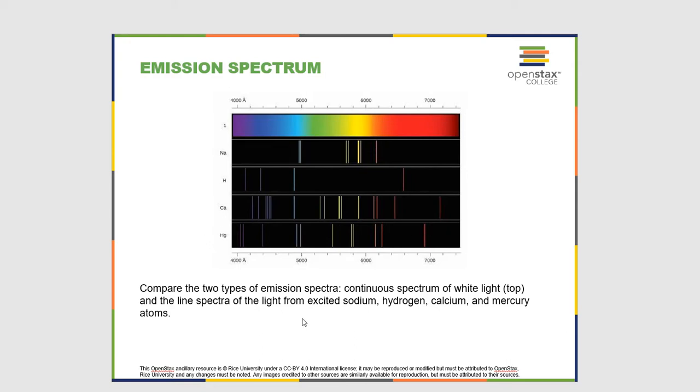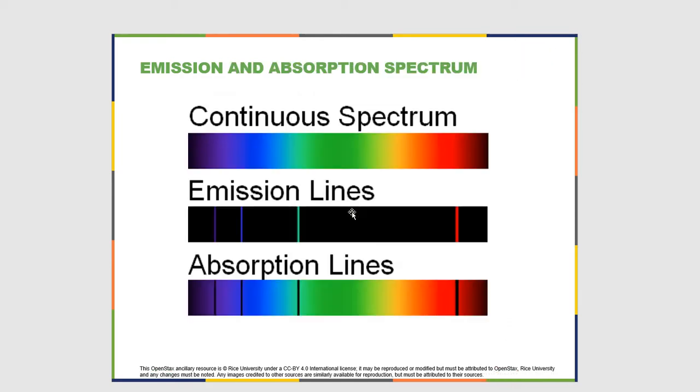Not all the elements are shown here, but they all have these emission spectra, where they're not emitting all the colors of light, they're emitting specific colors of light. It's worth noting that if you mix specific colors of light together, they do appear white as if they're continuous, even if they're not necessarily continuous, because they're missing some colors in between.